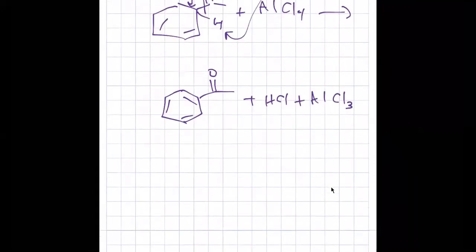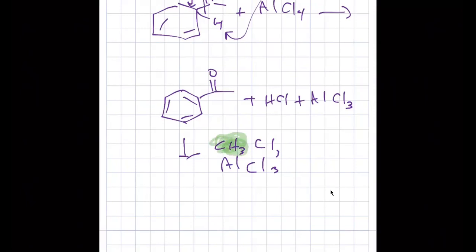What happens if I take the acylated ring and I add, let's say, and I wanted to alkylate it. Where's that CH3 group going to end up? Because this is what I'm adding to the ring.